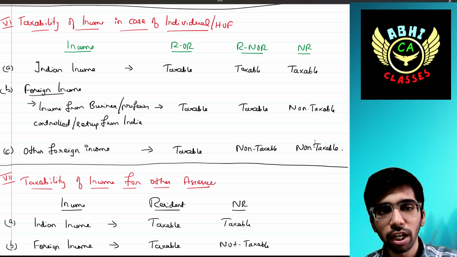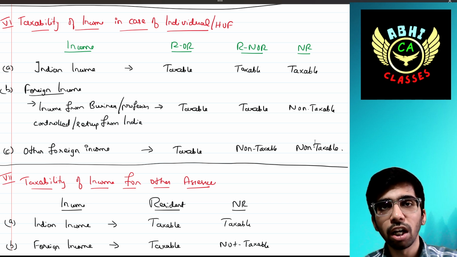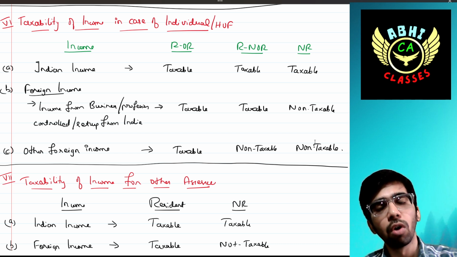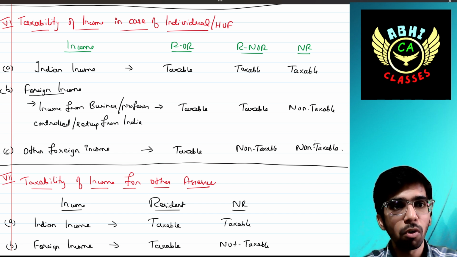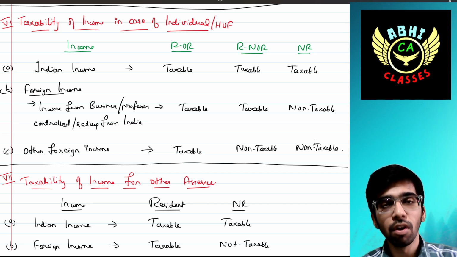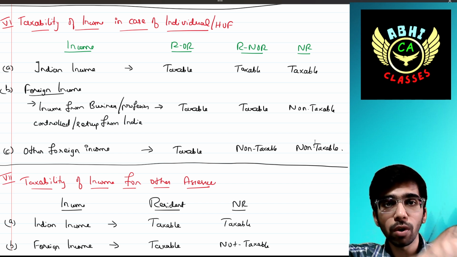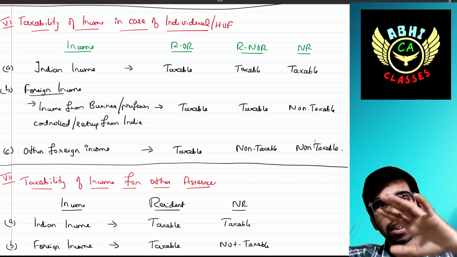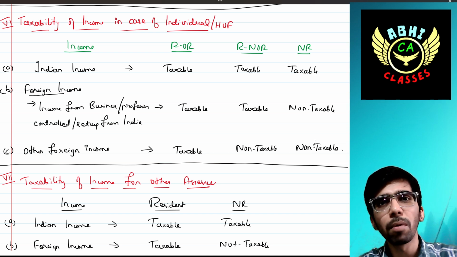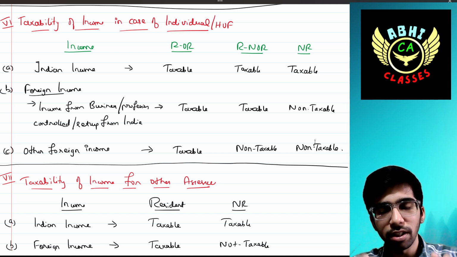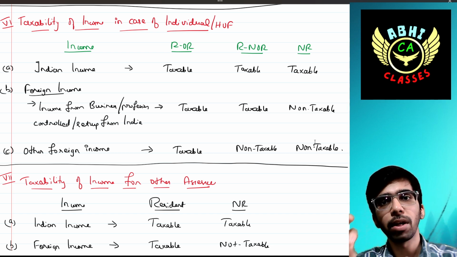Next, other foreign income. Other foreign income is taxable only in the case of R and OR. In the second case, I will discuss some more points. If it is foreign income from any other company which is not situated or controlled in India, then also it is taxable only for R and OR because it is treated as global income. It is foreign income, and hence it will not be taxable in case of R and NOR and NR also.